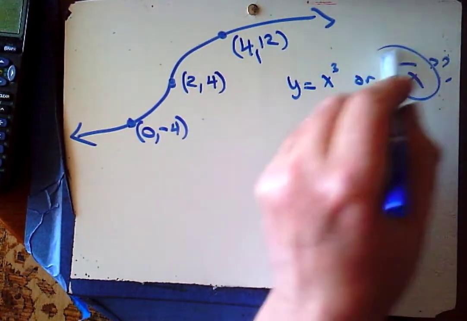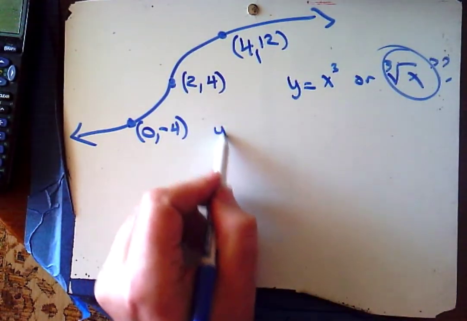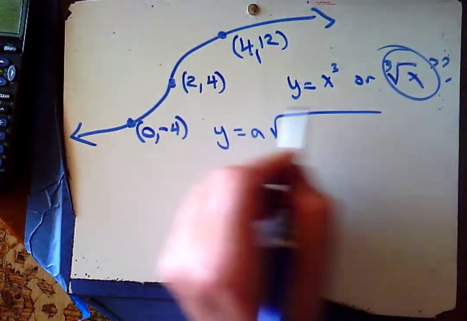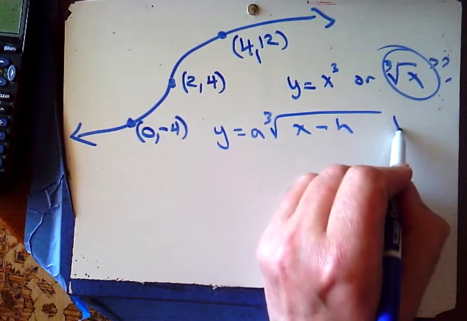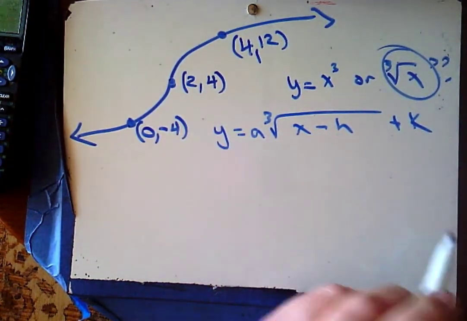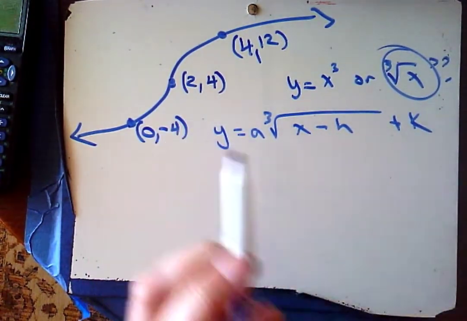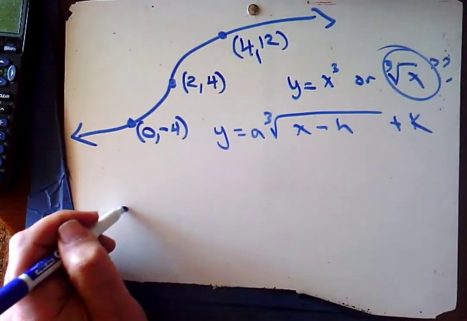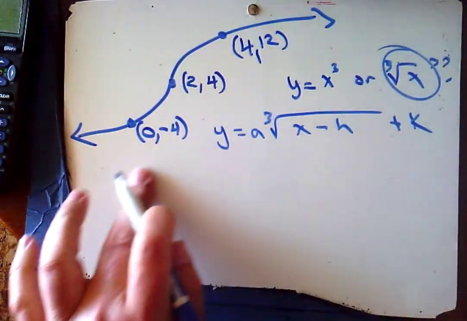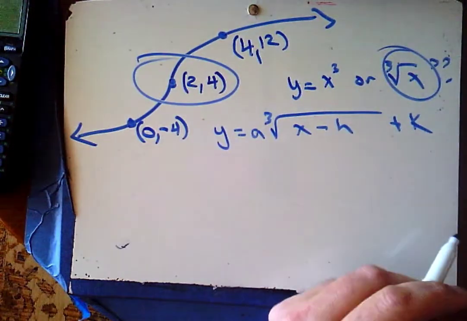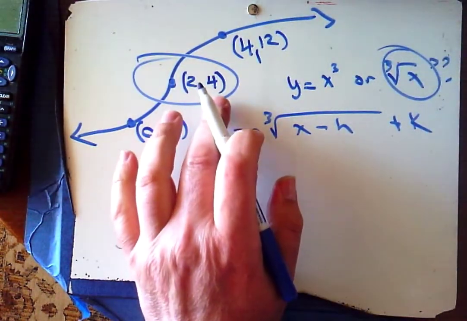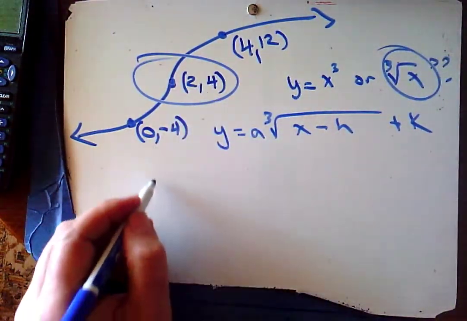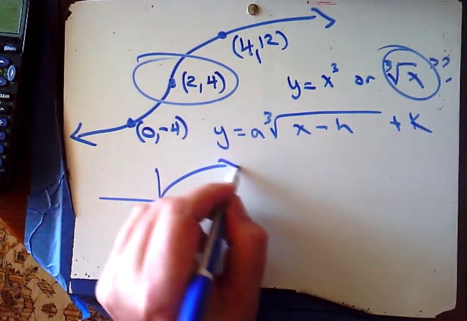So this is y equals cube root of x. Y equals a cube root of x minus h plus k. Now, where's the 0 point on cube root? Well, square root, it's that point. But with cube root, and so many of our functions, this point is normally at 0, 0. Think about that reference graph for a second.